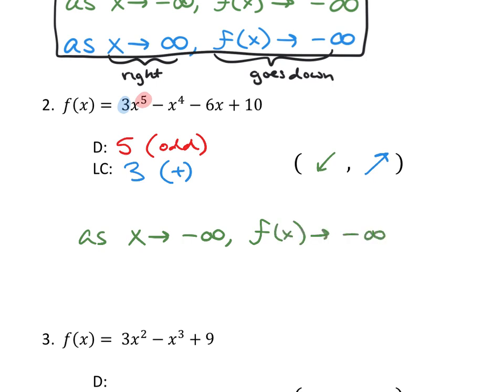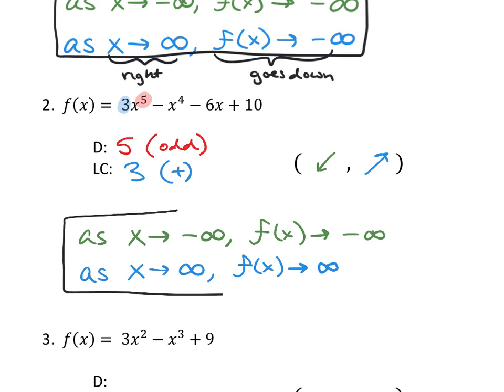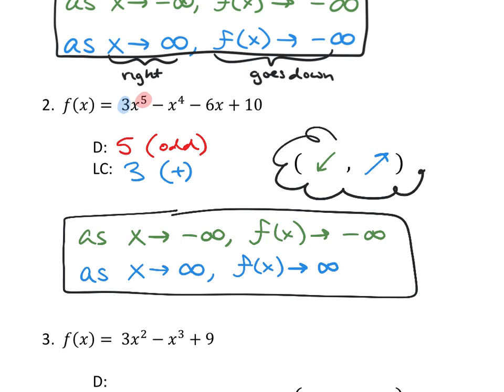Did we get that part? Close? Okay. My second sentence is the right side. As x approaches infinity, f of x approaches infinity as well. And this is exactly what these little shortcut arrows are showing me. The left arrow went down. The right arrow went up. So I just translate that into the statements that we use.